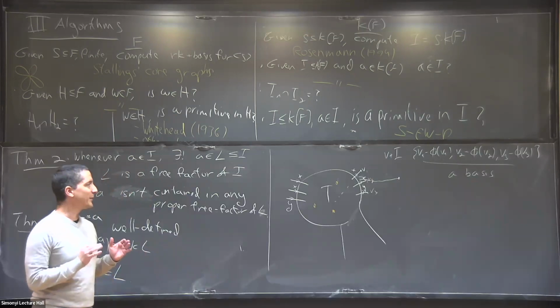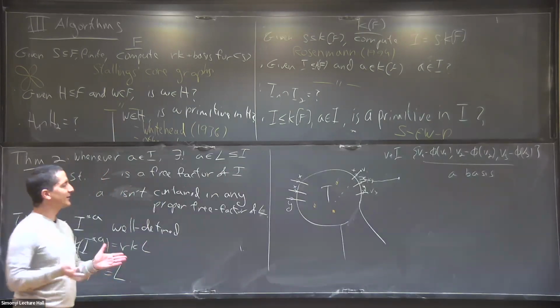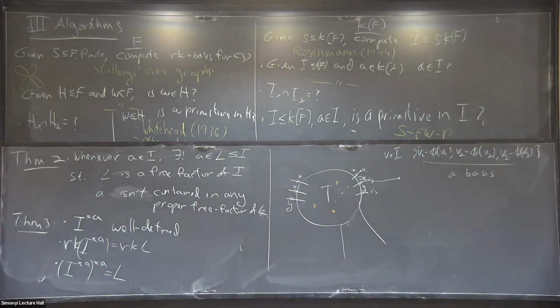But the cut vertices of Whitehead only encode automorphisms of the free group, and here we need many more automorphisms, because every automorphism of the free group is also an automorphism of the free group algebra, but there are many more. So it will not be enough as is.